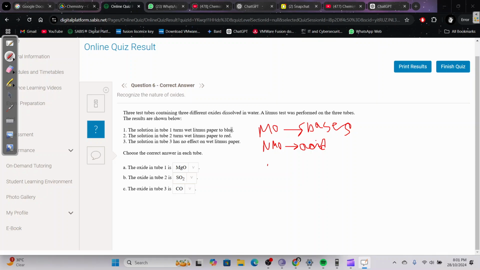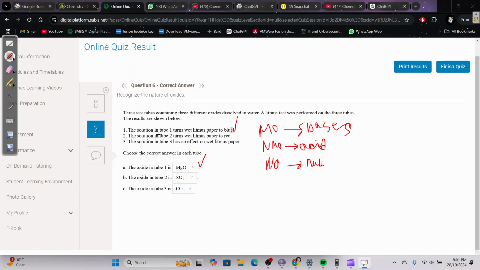And neutral oxide, let's just say none. Okay, so the oxide in tube 1 is MgO for sure, because metal oxides are bases and bases turn red litmus paper to blue, so this is correct.